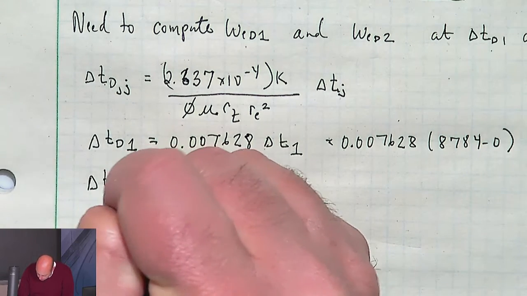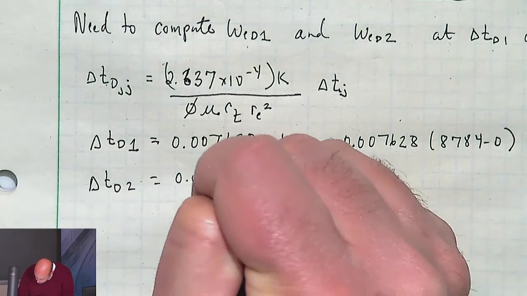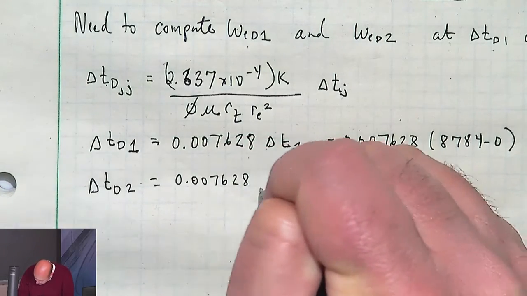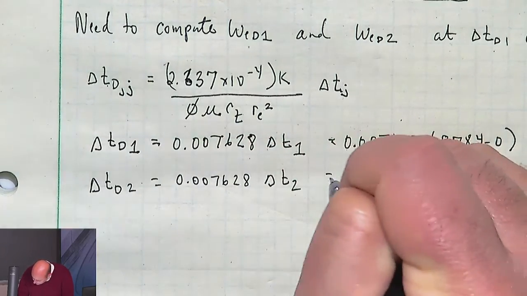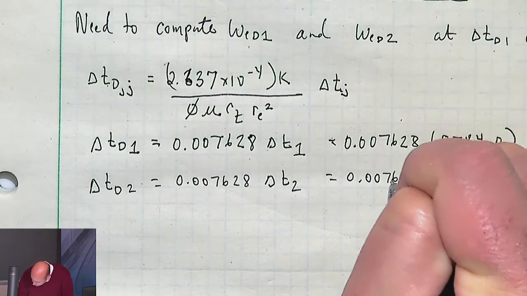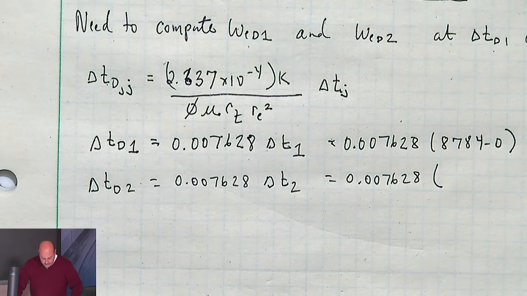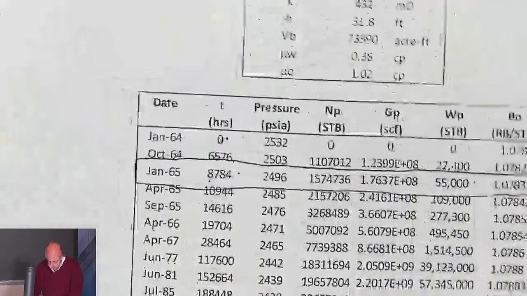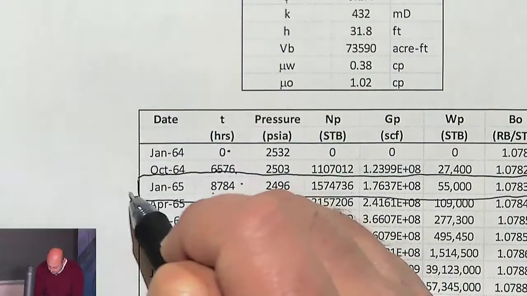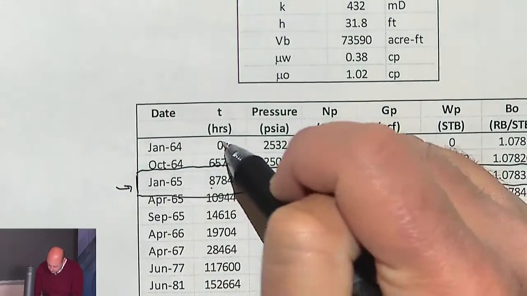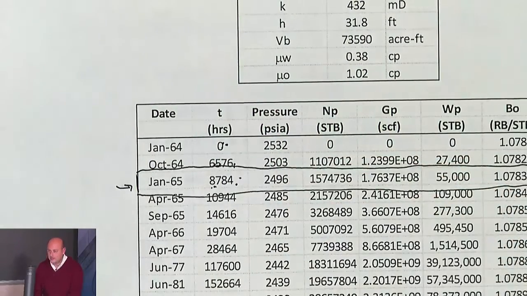Delta TD2 is going to be 0.007628 times delta T2. Now, what do you think delta TD2 is? Yeah, so we're here, this is the final time, and the times are 0, 6576, and 8784.